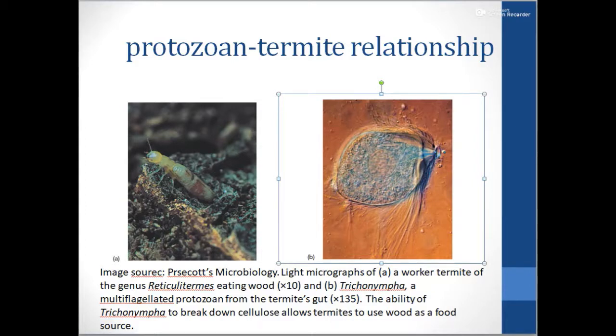These products can be further utilized by the termites, and the termites will thus get a good source of energy for their multiplication or survival, because the termite as such cannot use cellulose as it does not have the enzyme cellulase.